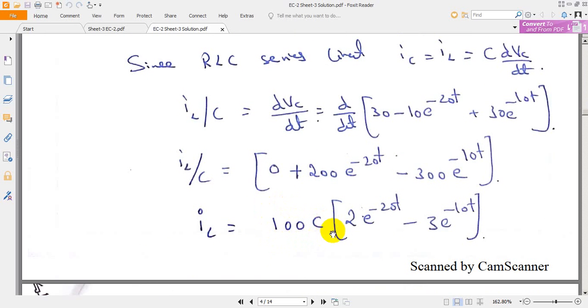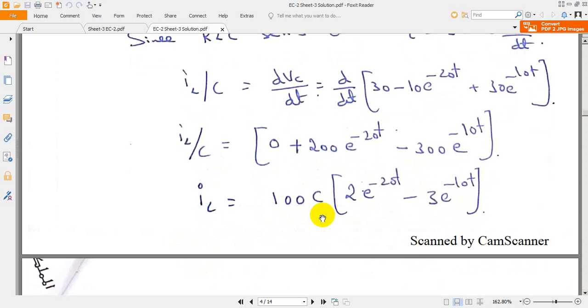So 100 into C into 2 e power minus 20t minus 3 e power minus 10t. From this parameter we have taken 100 common, and C in the denominator has moved to the numerator on the other side. This forms your current through the inductor.